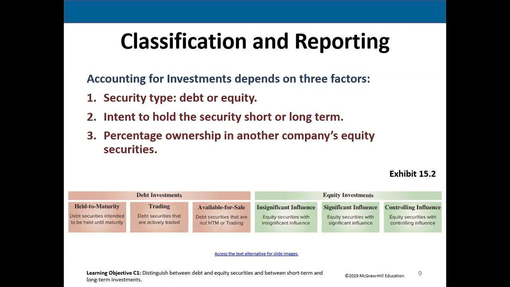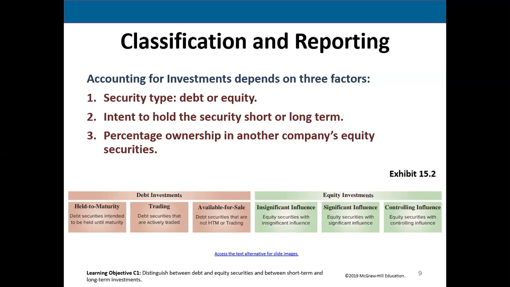Then that's the first, if you see the pink area. So the first thing we ask ourselves is, what type of security did we buy? So we're going to focus on debt first. The next thing is, do we intend to hold it really short-term or long-term?